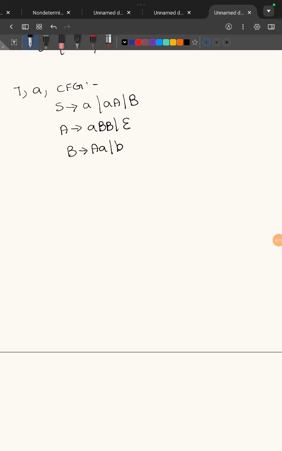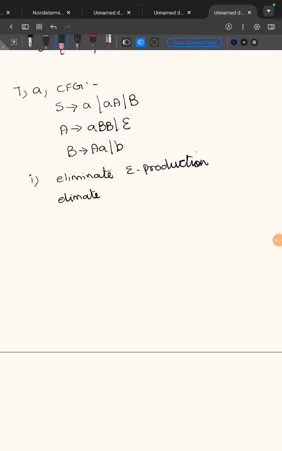For converting your CFG to CNF, rule number 1: we have to eliminate the epsilon productions. Rule number 2: we have to eliminate unit productions. We should not have any unit production.